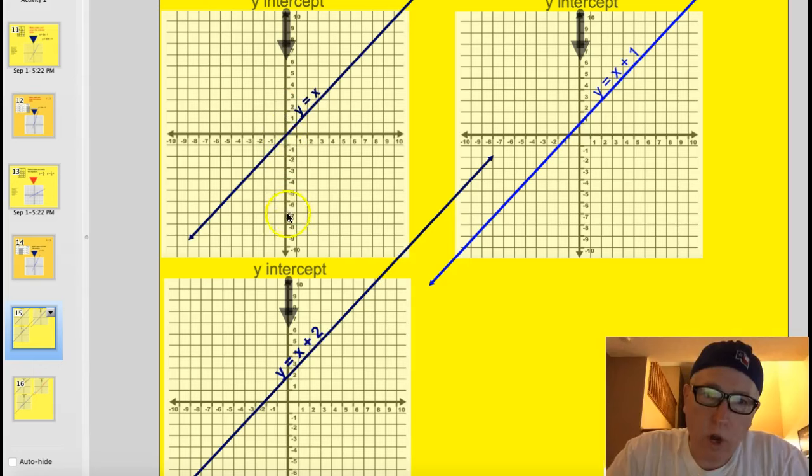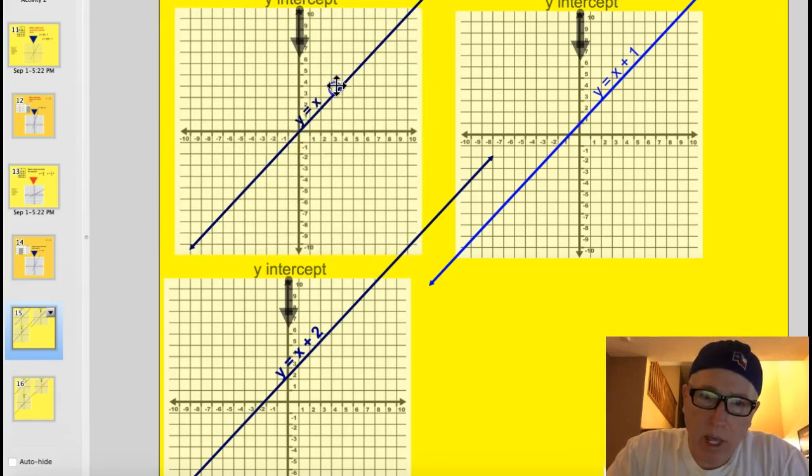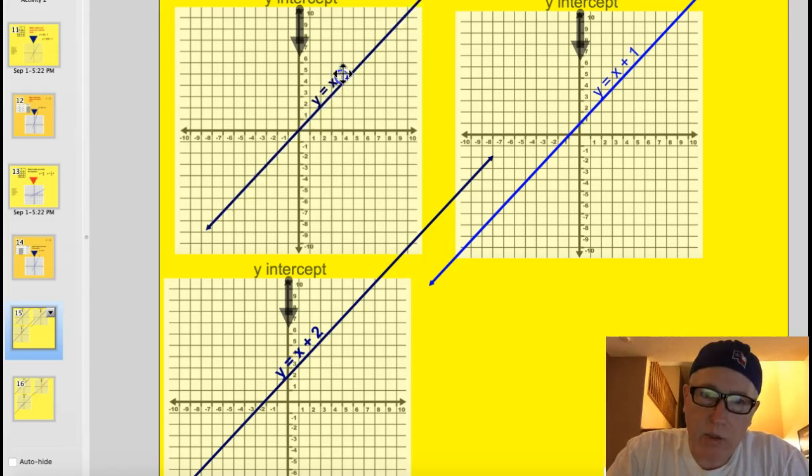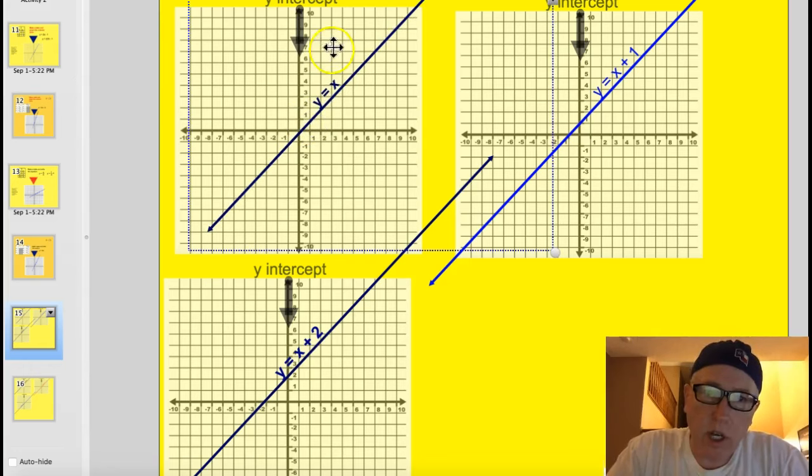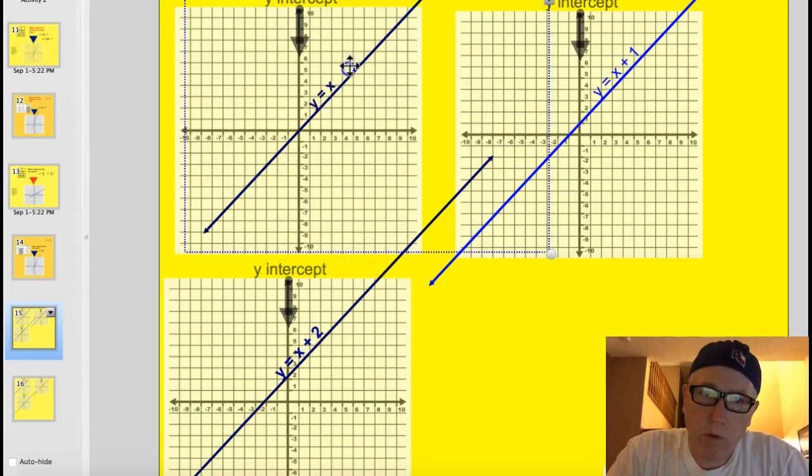So wherever the line crosses, whichever one of these points, it could be 5, 4, 3, 2, 1, 0, negative 1, negative 2, that's called the y-intercept. So this one here just crosses right now at 0, 0. So whatever y is equal to, x is equal to. So look at over 1, up 1, 2, 2, 3, 3, 4, 4.